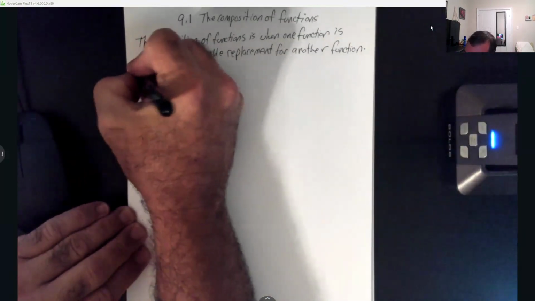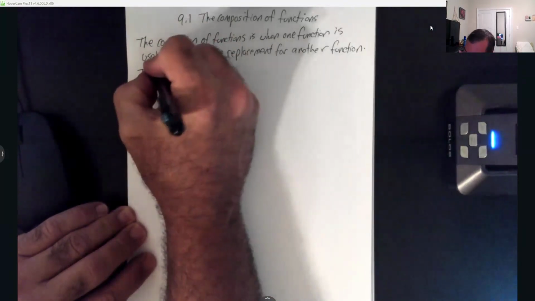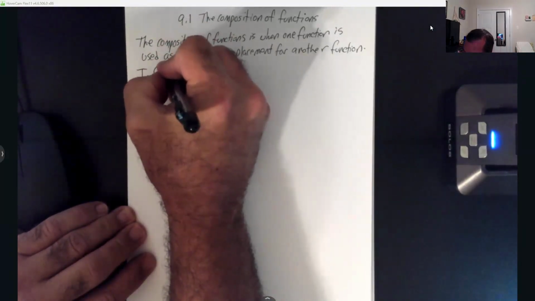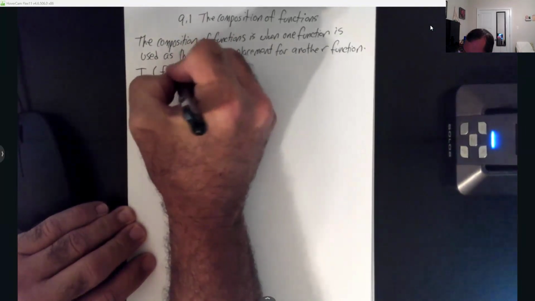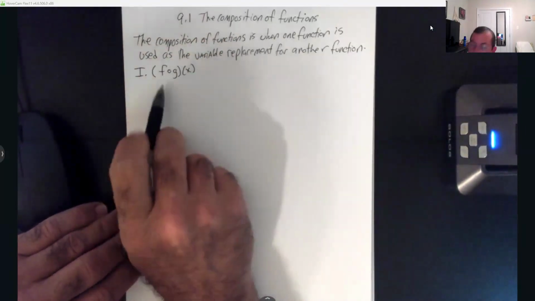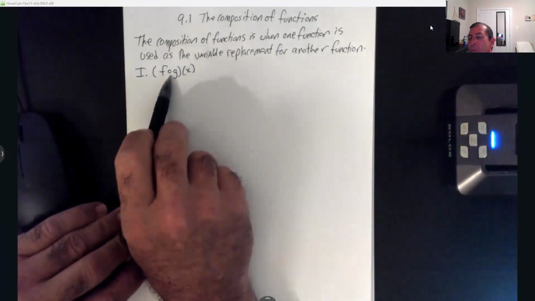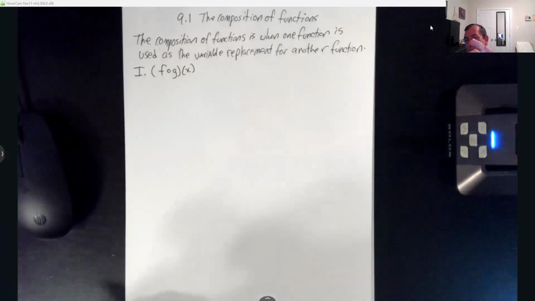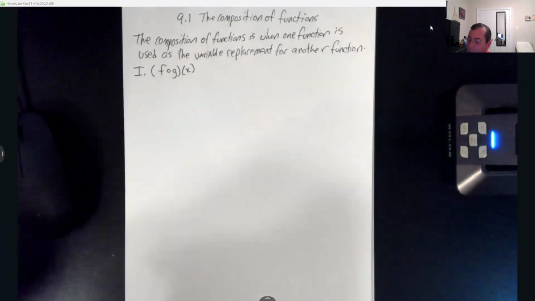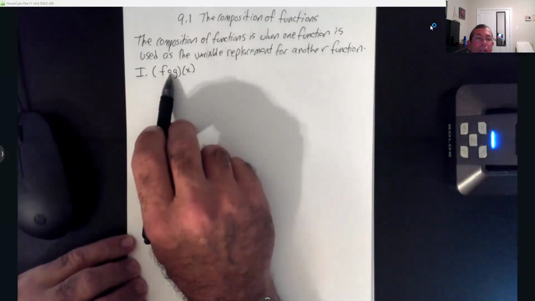So they got two styles. We got F compose G of X. That's not an O, that almost looks like a little degree symbol, like you got on Celsius and stuff. So that's just a little degree symbol.